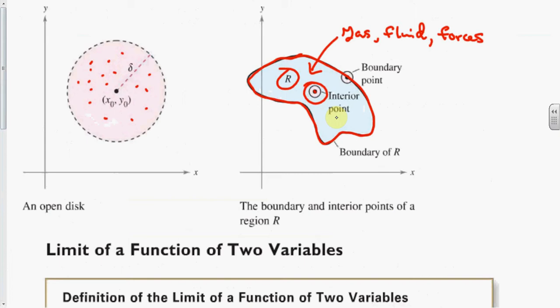The boundary will be important. So we will investigate two things in this course: what happens along the boundary, but then what happens also in the interior. And is there a connection? We'll find out that there is a connection.